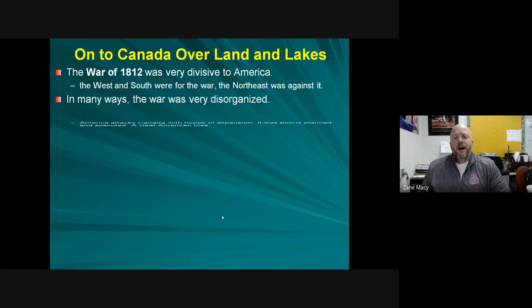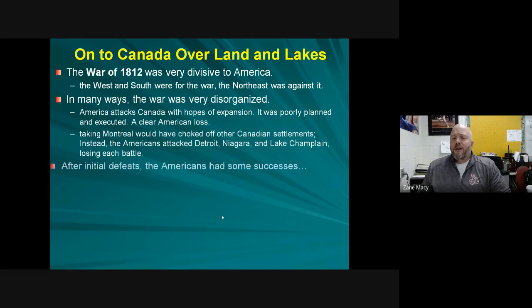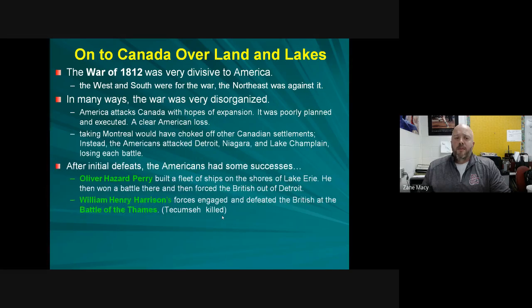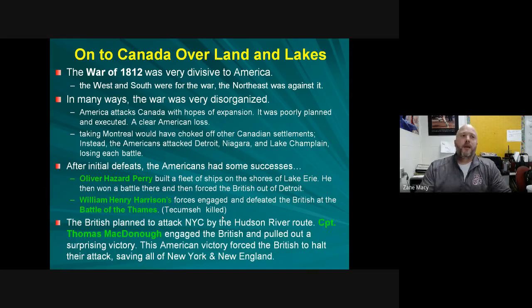Now, another thing about the War of 1812, even though there was quite a bit of support for the war with Britain, it was divisive throughout the country. There were certain regions that really pushed for the war, and there were certain regions that pushed against the war.